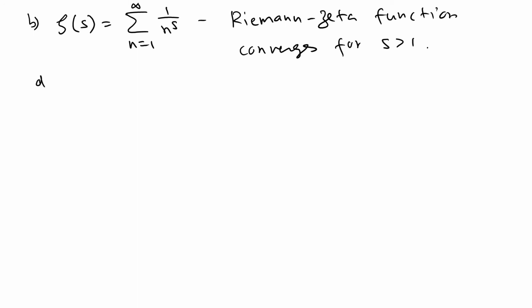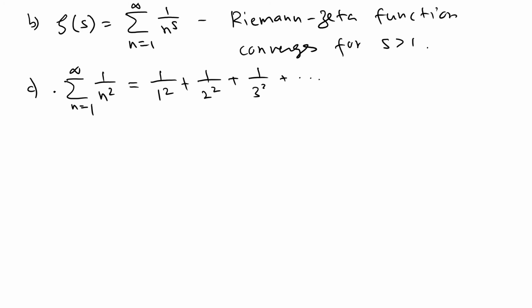Let's say this one, sigma n going from 1 to infinity, 1 over n squared. You can see this is 1 over 1 squared, 1 over 2 squared, 1 over 3 squared, like that.